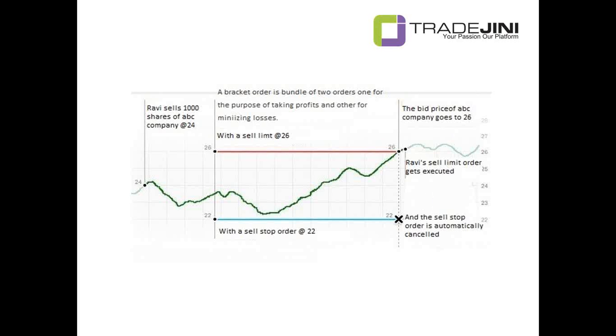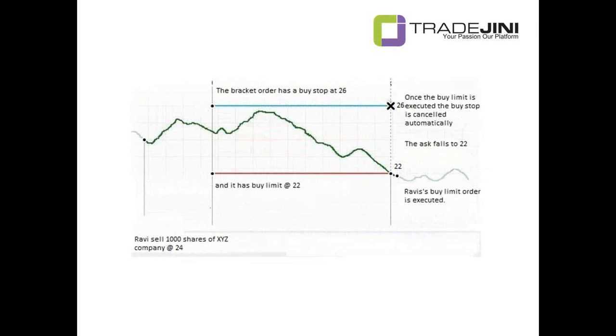This is an example for the buy side or a buy bracket order. Just the opposite happens in a sell side bracket order. In this case, Ravi is selling 1000 shares of XYZ company. Now it is bracketed by a buy stop, in case the price starts going up and you get into losses.